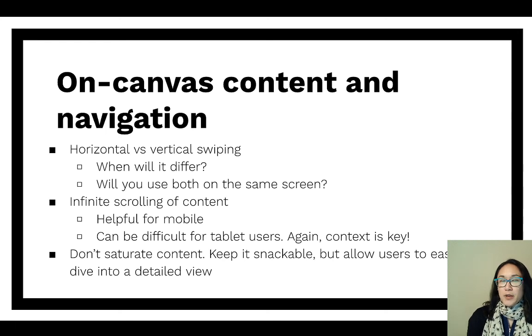Right. Because you have more screen real estate to design for, there are some other considerations that you'll need to think about as you're working through the different types of information that you decide to show in your app. For instance, being able to swipe on your tablet, horizontally or vertically. This was a problem I came across during my first project at Amazon, where I designed a shopping experience for Amazon, specifically for the Windows operating system.